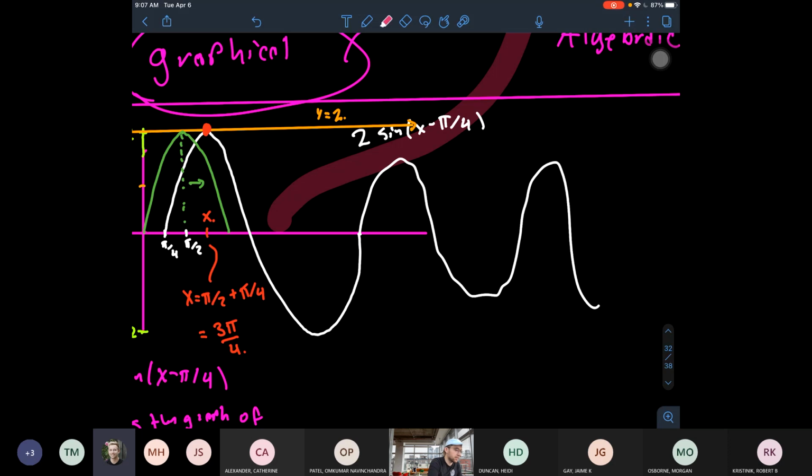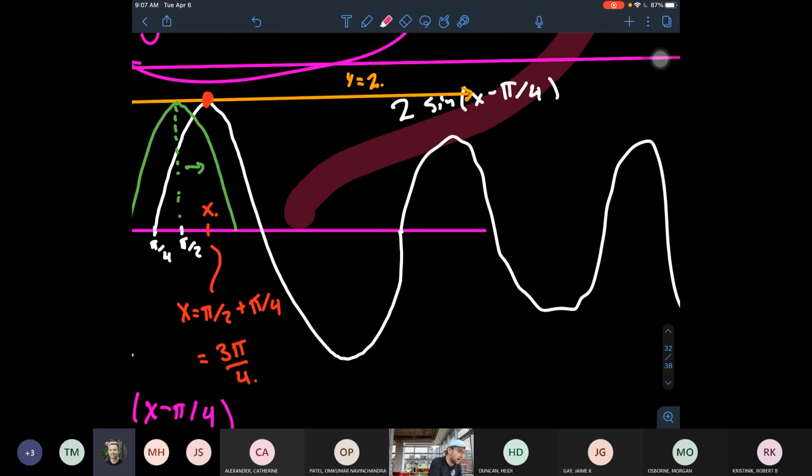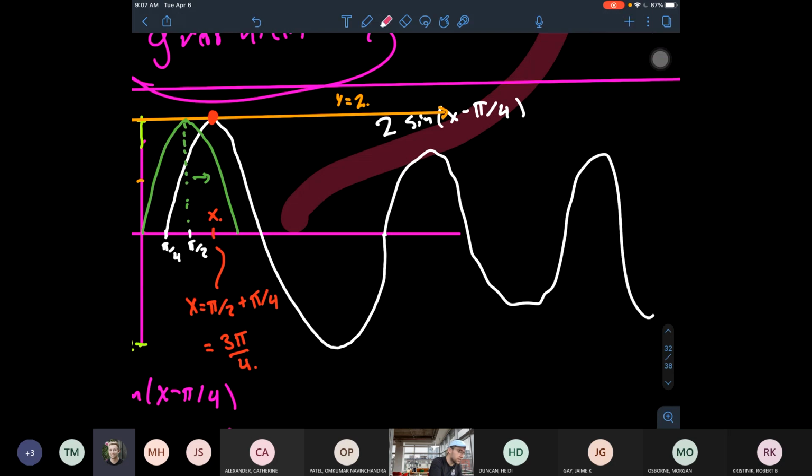Well, I know that sine is 2 pi periodic, so I know that from 0 to 2 pi, it looks like this region, which is drawn in green in terms of my x values. My x values go from 0 up until, well, we'll go almost to the point where we've done a full revolution. So here's 2 pi. And then we'll have finished our revolution at 2 pi plus pi over 4.